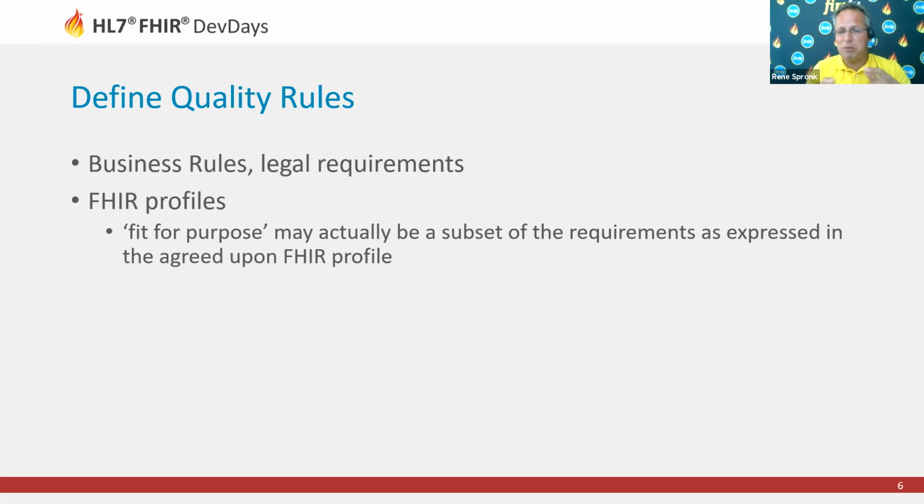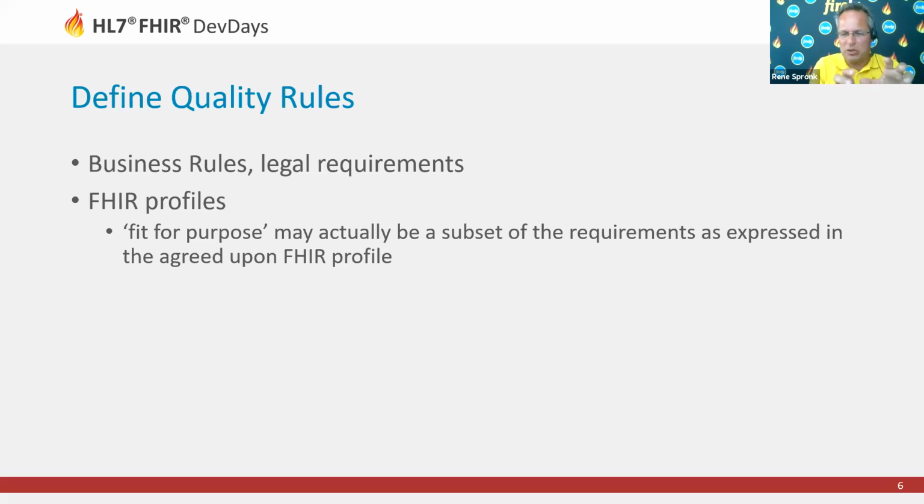However, that may be an overarching profile, but maybe you as the receiver, when you're going to process that data, may not need that full set of requirements as expressed in US Core. So you have to differentiate between the FHIR profiles that have been agreed upon in the scope of a particular project. But within that, FHIR profiles are fine as a starting point, but sometimes they may be too restrictive.